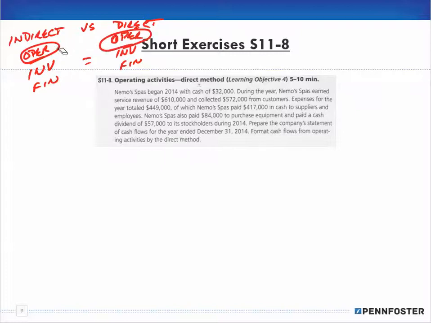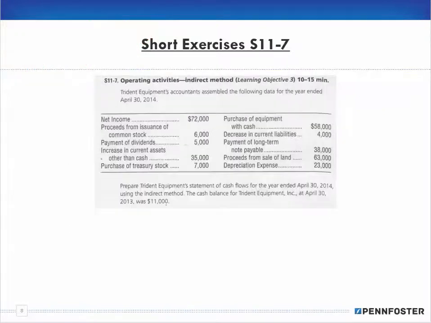Go back to the theory videos and look at the two different templates, the two different exhibits that show what they look like. You'll see that the investing and financing activities look the same using both methods. But how you glean the information using the indirect method versus the direct method is slightly different.